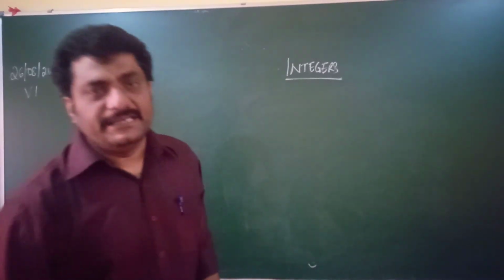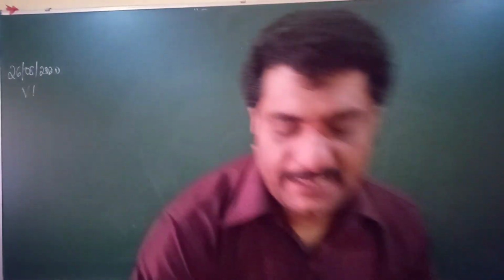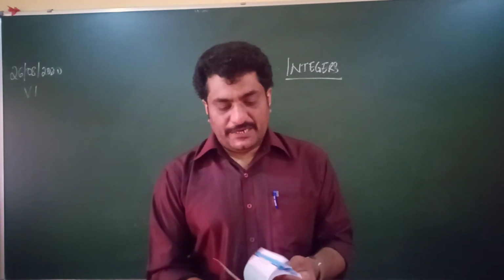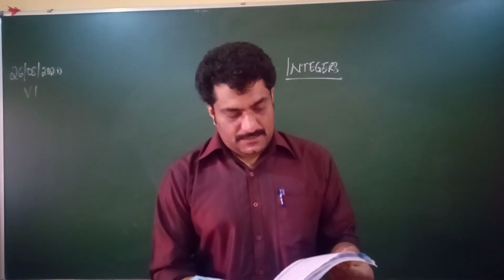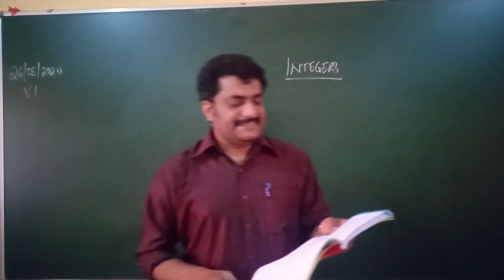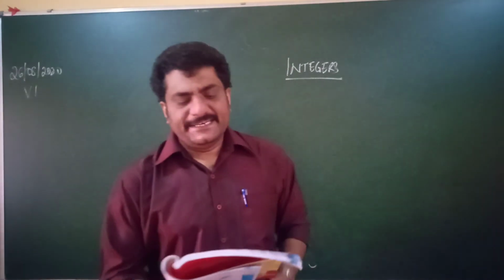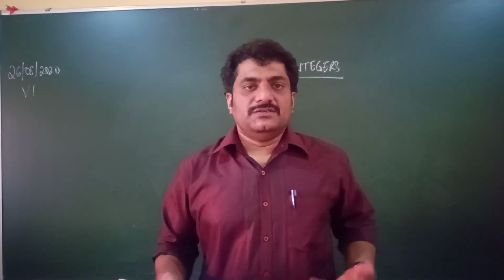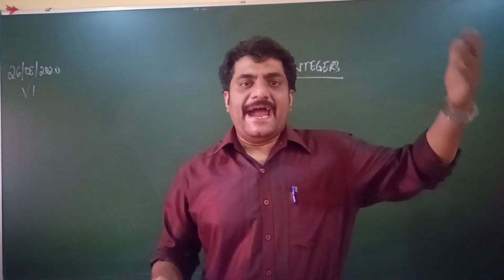Okay, this is the introduction to integers and the chapter. Let's see if we have any such examples in the chapter. In exercise 6.1, write the opposite of the following. Increase in weight: you are putting on weight, so it adds on.